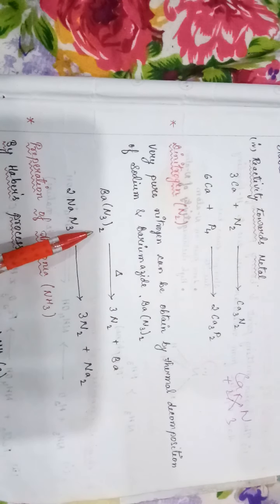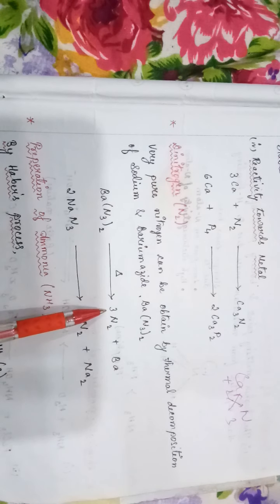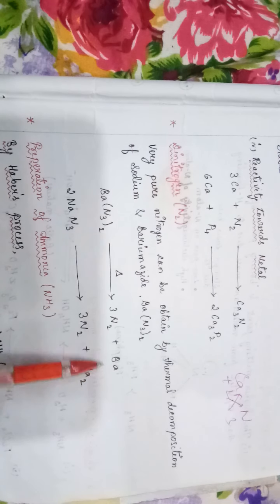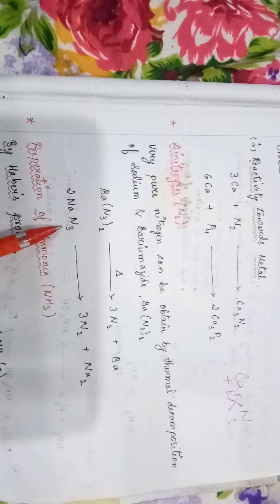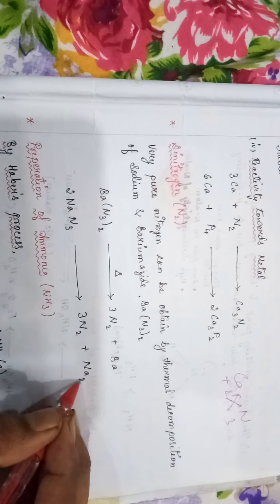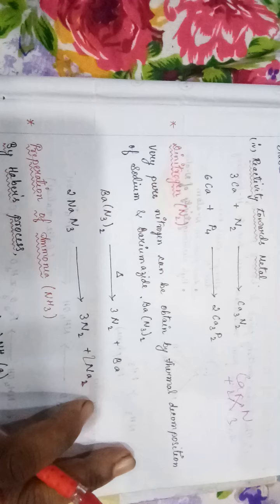Ba(N3)2 on heating forms 3N2 plus Ba. 2NaN3 converts to 3N2 plus 2Na. So these things are formed.